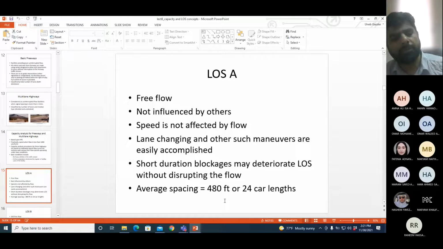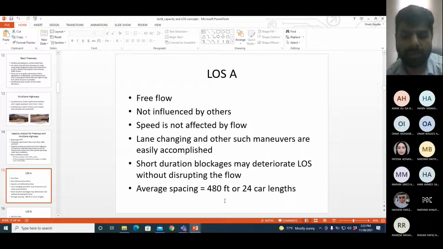Okay, so for example, you are driving in level of service A, you see one lane is blocked because of maintenance activity, or one driver has stopped in that lane because of an accident or because his car has broken down. So you can easily move to the other lane because there's so much gap available there. Okay, and you can see the last point on the slide is the average spacing between the vehicles in level of service A, and this is mentioned in all the other levels of service as well. So you can see they are decreasing, the gaps are decreasing.